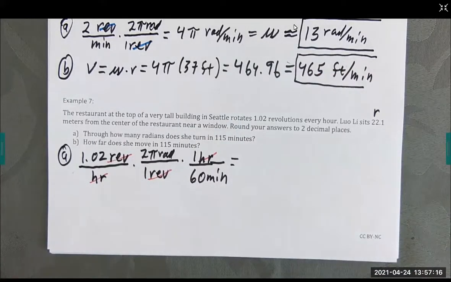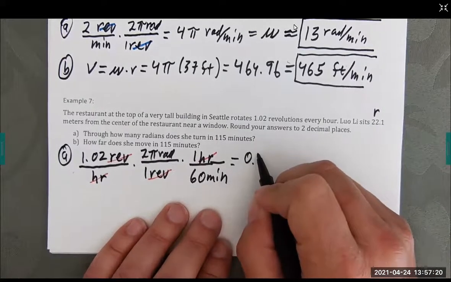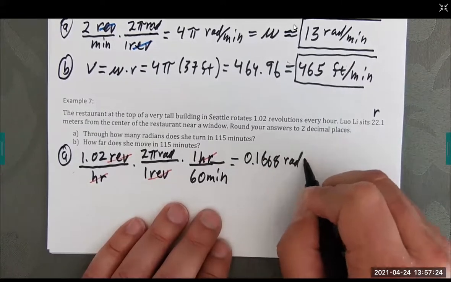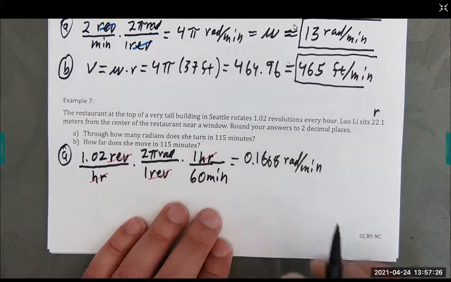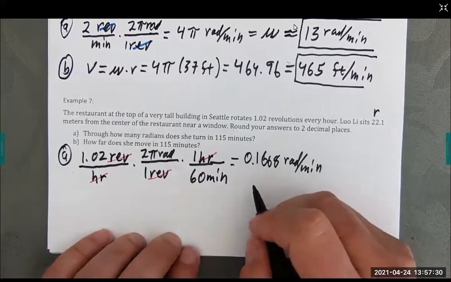But they don't want to know per minute. This is radians per minute. They want to know after 115 minutes. So I'm going to take that number and multiply it times 115.